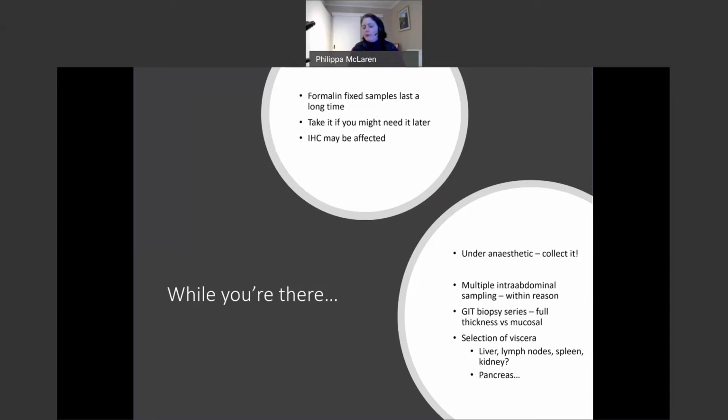We certainly get a lot of endoscopic biopsies and we do what we can with them. But that full thickness gives you information about so much more of the tissue. While you're there, did you want to consider taking a little bit of the liver, the regional lymph nodes, a bit of the spleen or the whole thing if there's an obvious and significant mass, even the kidney and pancreas? There are elements of challenge associated with some of these organs, but there's plenty of good literature about how to do these things effectively.